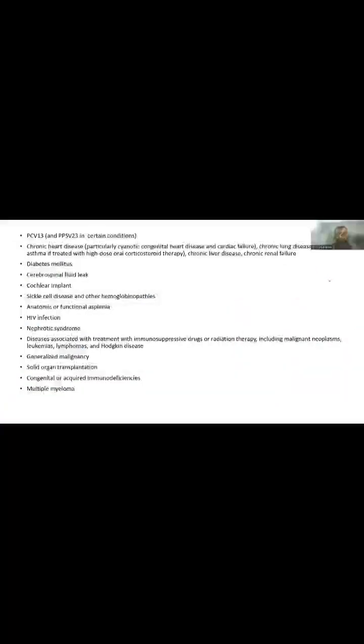Now, when do we give the pneumococcal vaccine? In special conditions. We give it when the patient is suffering from chronic heart disease, congenital heart disease, or chronic lung disease.